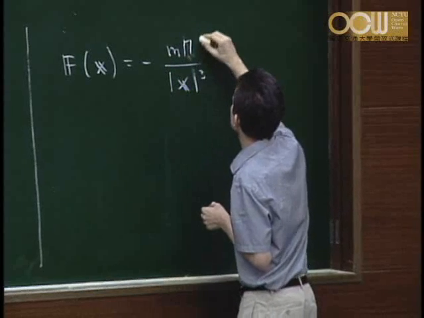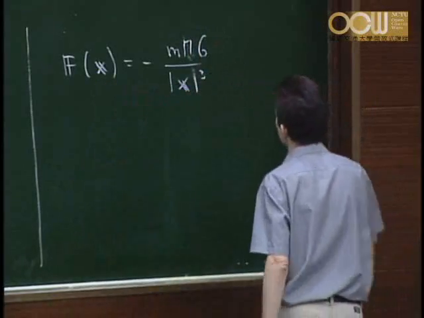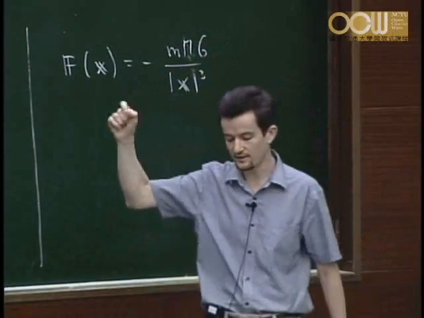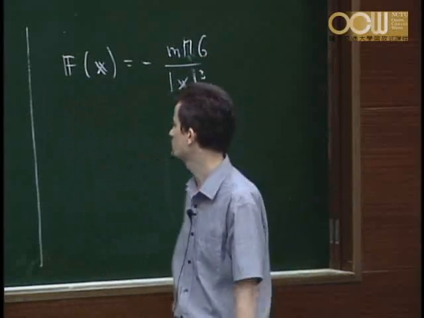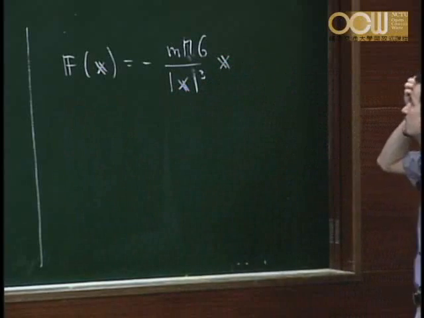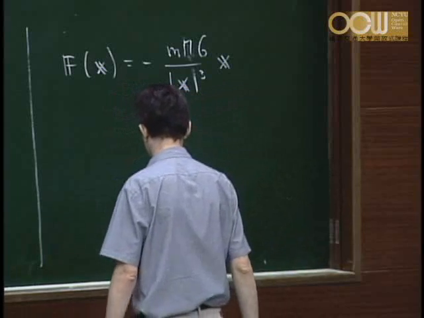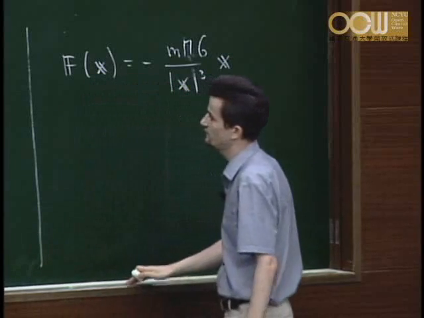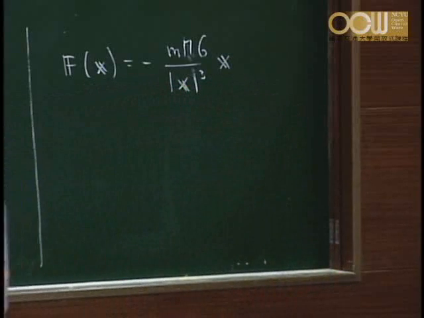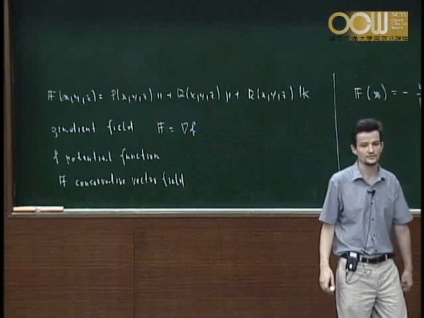You have two masses. One of them you place into the origin of the coordinate system. And every other mass is subject to a gravitational force, which is described by this vector field here. And we saw last time that this vector field, in fact, is a conservative vector field. And many of the vector fields encountered in physics are in fact conservative.